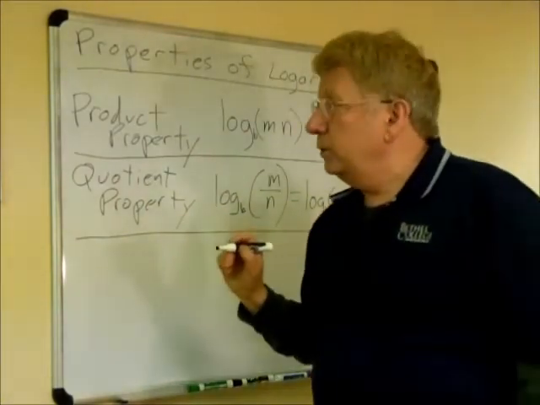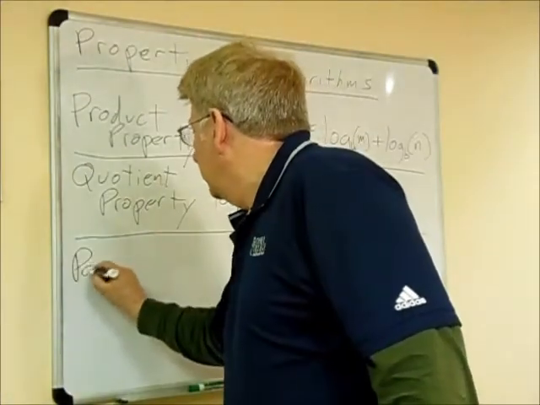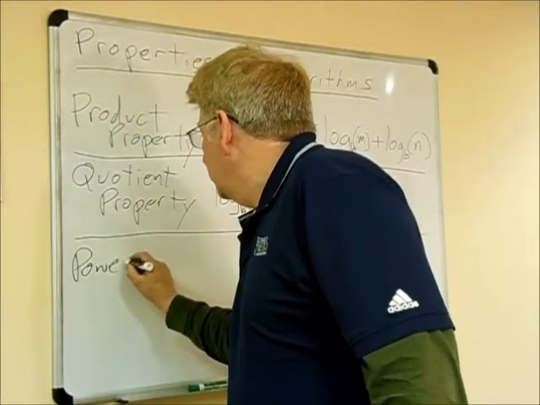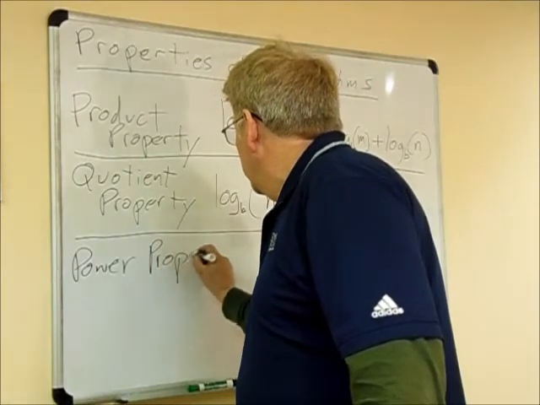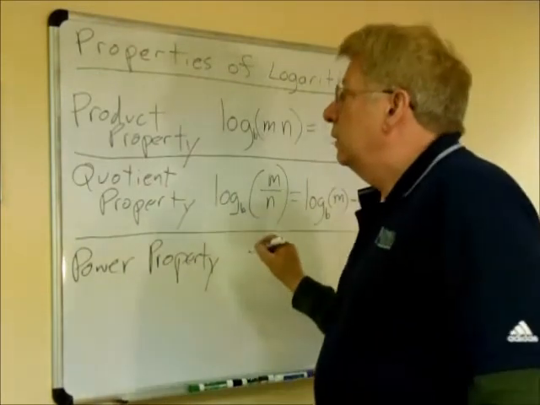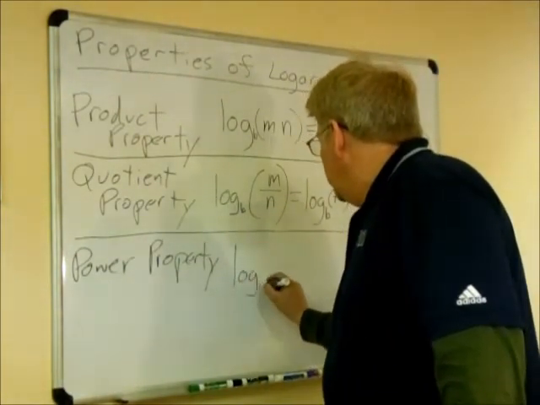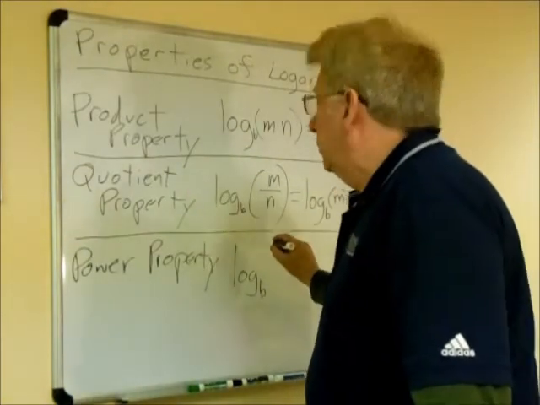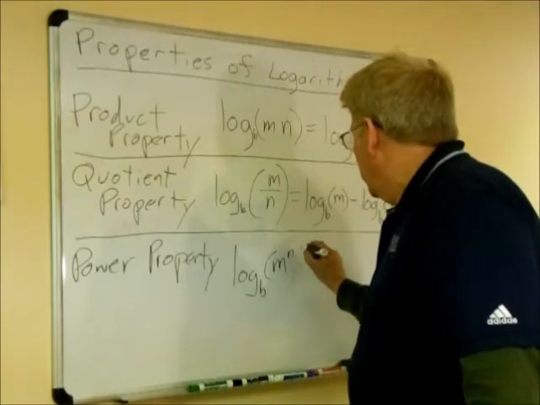Alright, there's two properties. And then the third one is the power property. When we have something to some exponent power. Power property. So in this case, we could have log to the base b of m to the nth power.